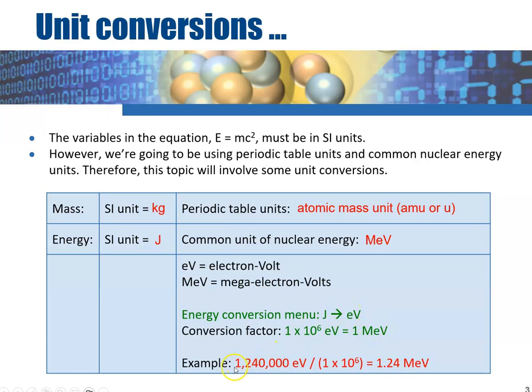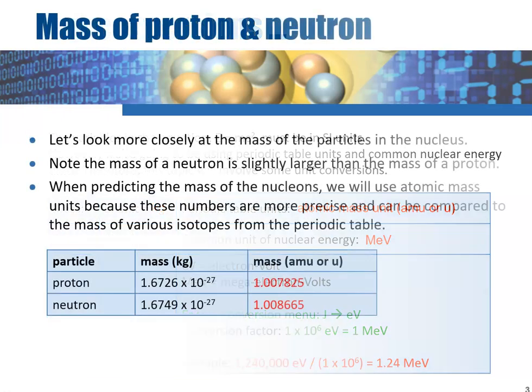So if your calculator tells you that you have this many electron volts, you can just divide by 1 times 10 to the 6th, or divide by a million, or just move your decimal point to the left 6 places, and then you'll know how many mega electron volts you have. You'll see this in action coming up real soon.